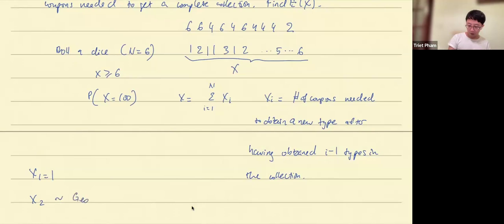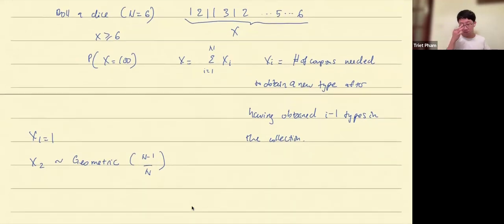Well, x2 will be a geometric random variable, because you're waiting on a success, success being getting a new coupon. So what's the success rate? The success rate is n minus 1 over n, because any of the remaining n minus 1 will be a success for you. You understand?